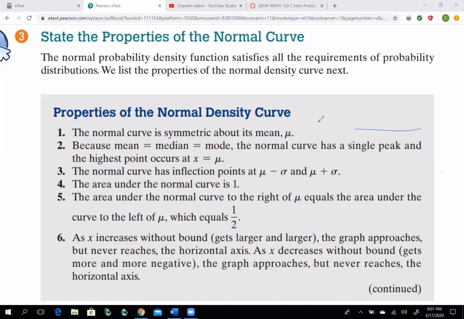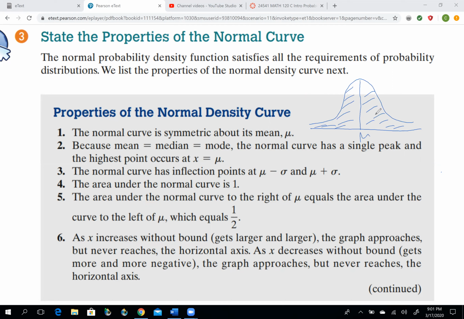If this is a bell shape, and this is mu, and the area under the curve is 1, then obviously the area under the normal curve to the right of mu equals the area under the normal curve to the left of mu.